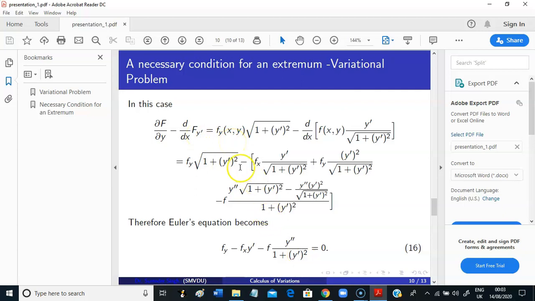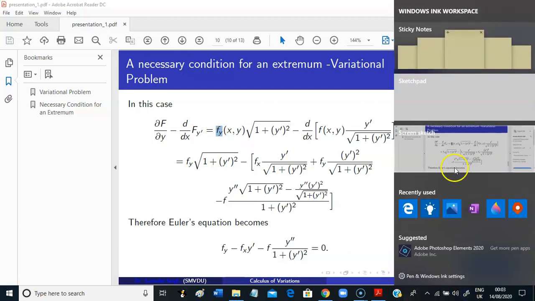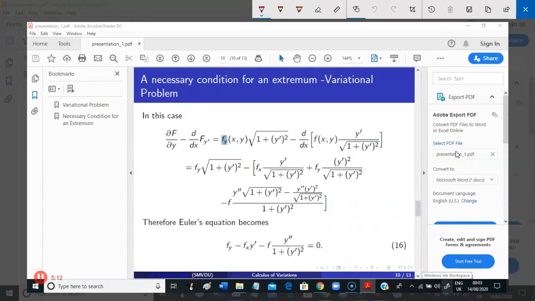Now the whole part, that was the capital F there in that situation. So here you need to work out in the same manner, partial derivative, this part is corresponding to ∂F/∂y, then d/dx of this part is equal to ∂F/∂y'.